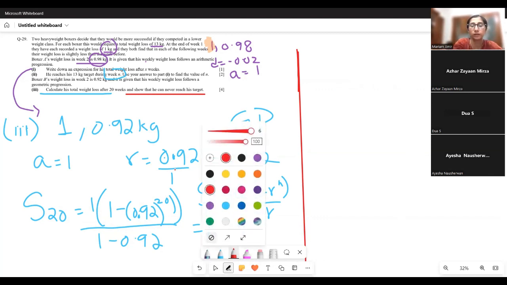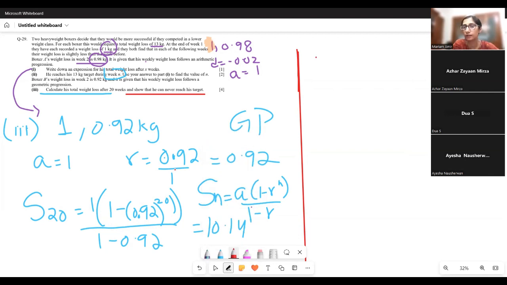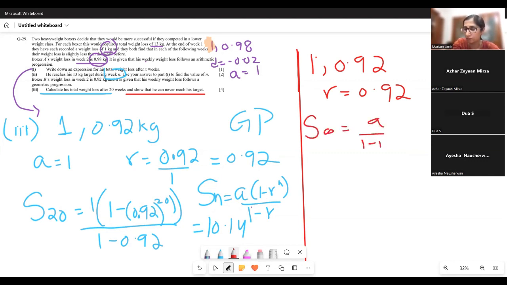And why are we finding the sum to infinity? Because r is less than 1. You can remember the first term is 1, the second term is 0.92, and r is 0.92. So the sum to infinity is applicable here because the next term is smaller than the previous term. So let's find the sum to infinity, which is a upon 1 minus r. This should be less than 13. 1 upon 1 minus 0.92.